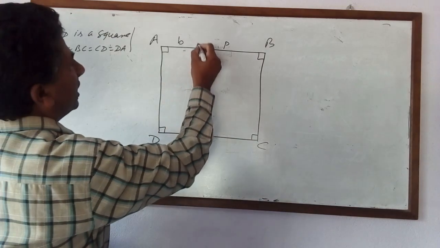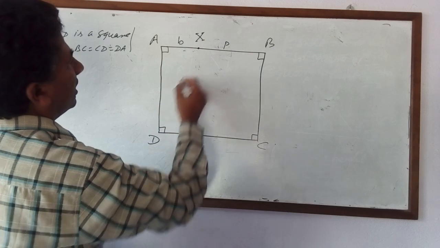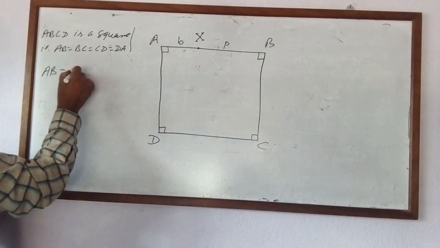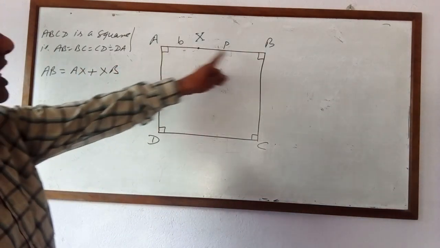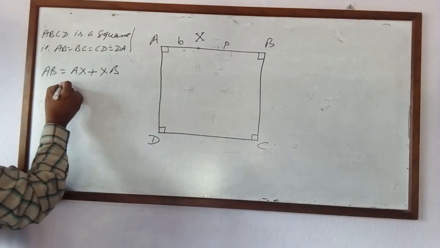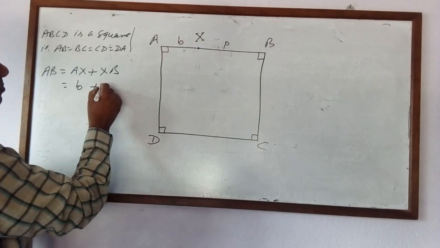Let's say this point is X. So AB is AX and XB. From A to X, let's say AX is B centimeter and XB is P centimeter.